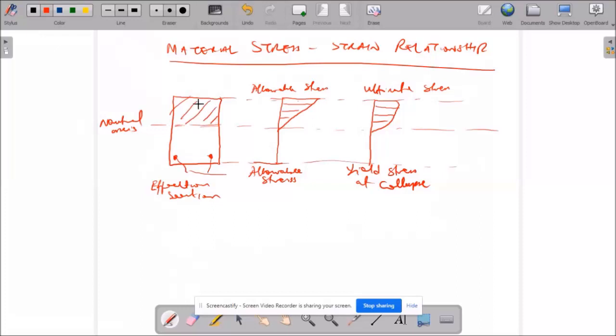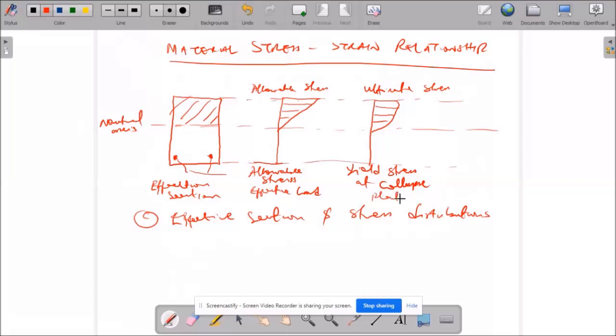So this is what we have. We'll term this as effective section and stress distribution. That's this diagram, which is C. At this point, this is the effective section, while this represents the effective load, while this represents plastic at collapse.